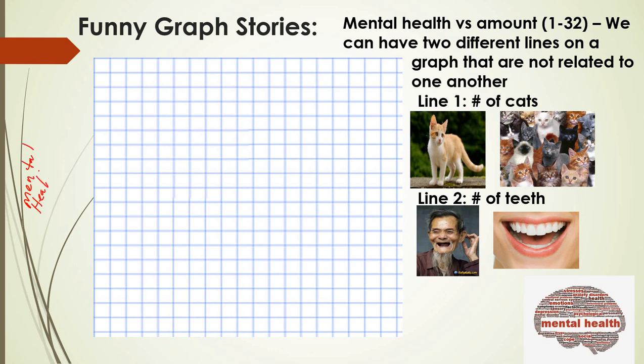How are we going to rate it? 1 through 10, meaning what's 10? Is 10 total great health? Yeah. So this is good, and this is bad. Okay. And then along the bottom, we'll put number of teeth and number of cats on the bottom. And it's 1 through 32.